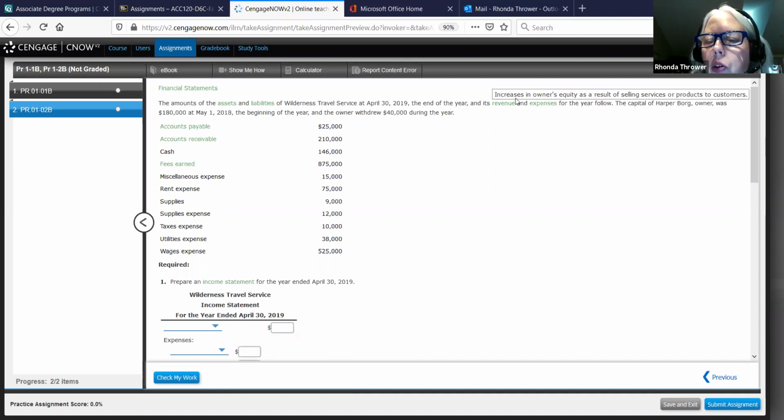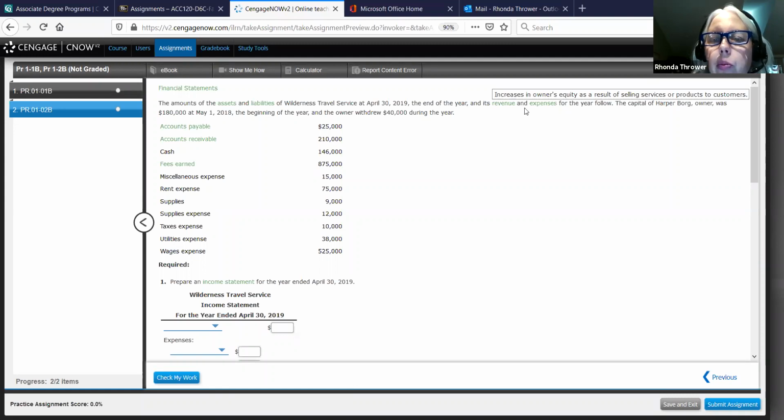Revenues are increases in owner's equity as a result of selling services or products to a customer. In this case, we're a travel service, so we're selling services. Revenue is the amount that you're going to charge the customer for the work that you performed within the business.